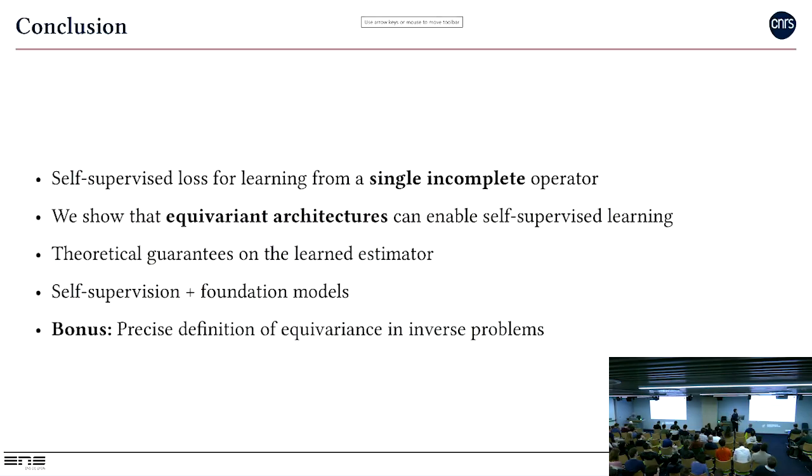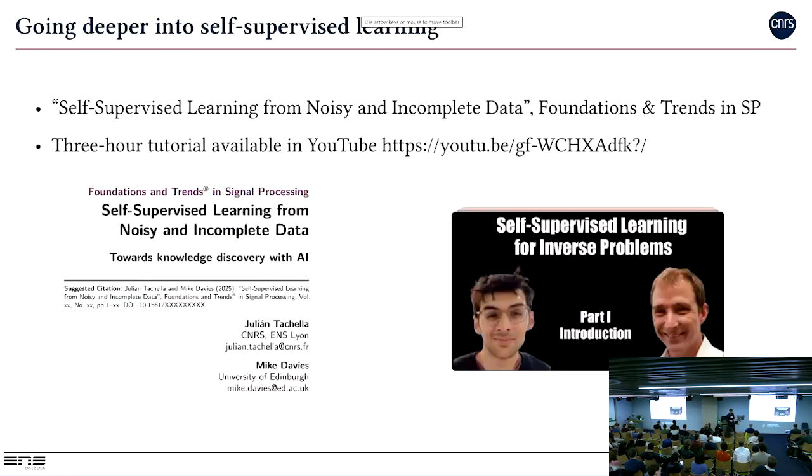We had seen that this comes with theoretical guarantees on what you learn. And finally, the practical application of fine-tuning foundation models to really squeeze the best performance you can. And yeah, of course, the definition of equivariance in inverse problems.